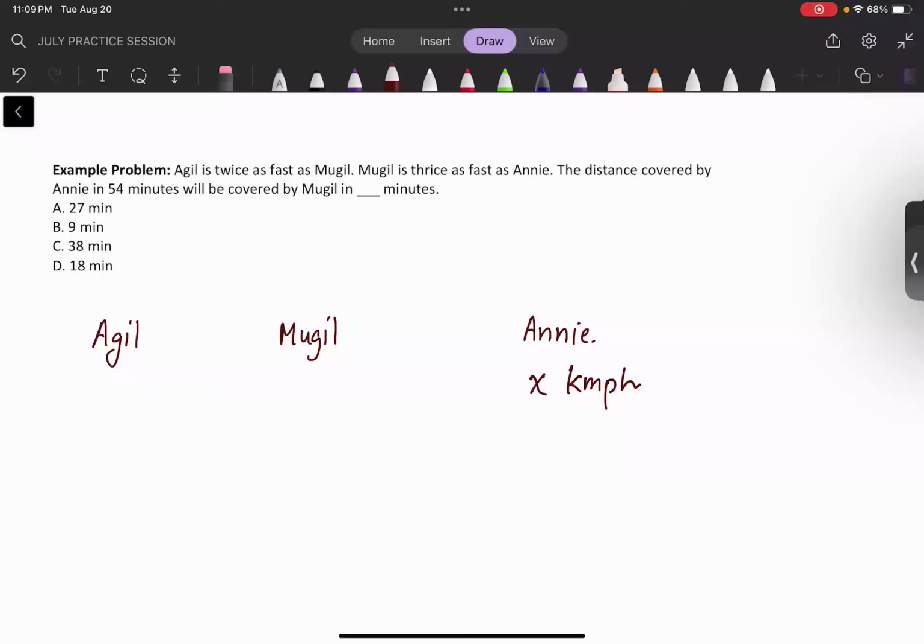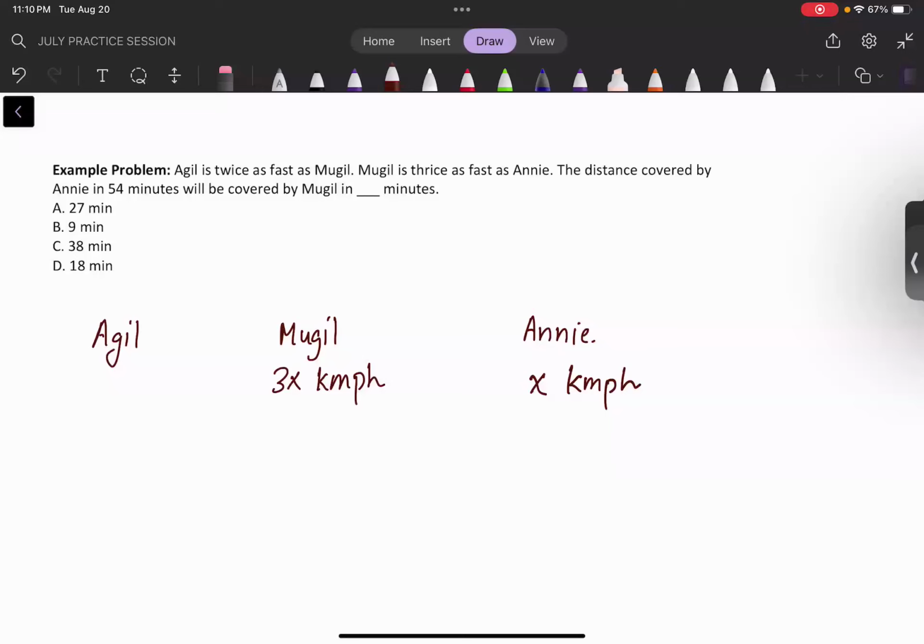Slowest person, I'm taking the speed as x kmph or meter per second, doesn't matter. Just to make you understand something, I'm showing x. Now read the relations and tell me the Mughal speed will be what? Annie is slowest, so I'm taking the slowest person as x kmph. Mughal how much? Thrice as fast. So 3x kmph. Agil how much?